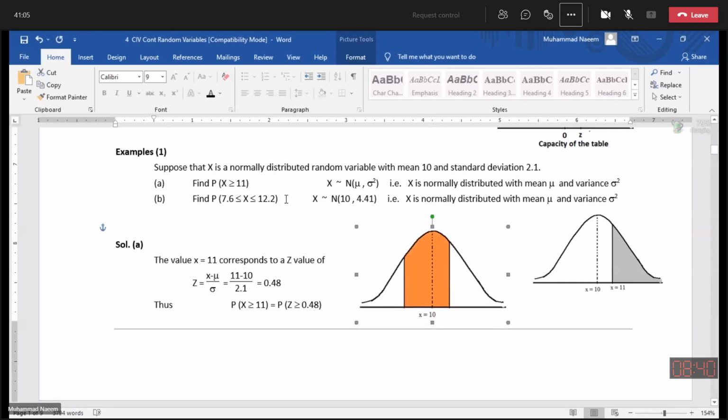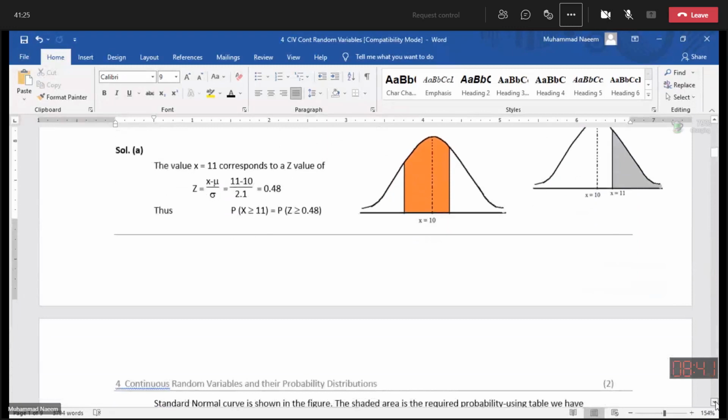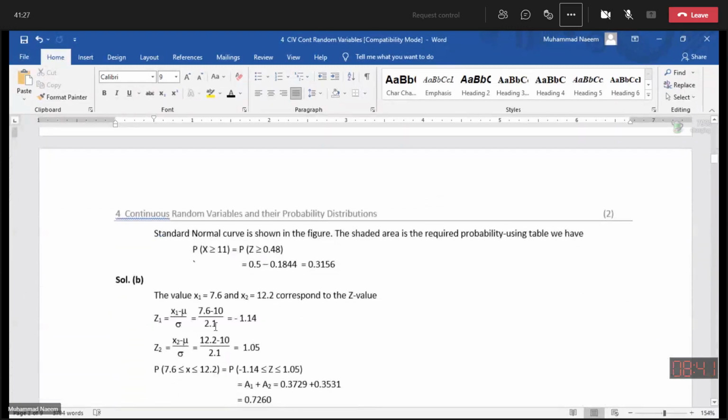What is the procedure? We convert these points in terms of z using this z formula. The corresponding point for x equal to 11 is 0.48, and the corresponding point for 7.6 is minus 1.14, and the corresponding point for 12.2 is 1.05.